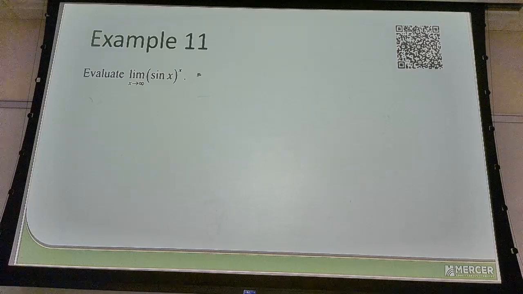What do you get? Oh, that's a typo, but I'll run with it. What do you get? I don't know. Sine of infinity. I can't say. Yes, you do.